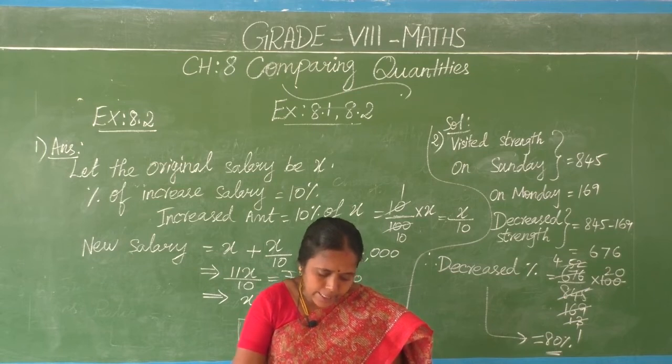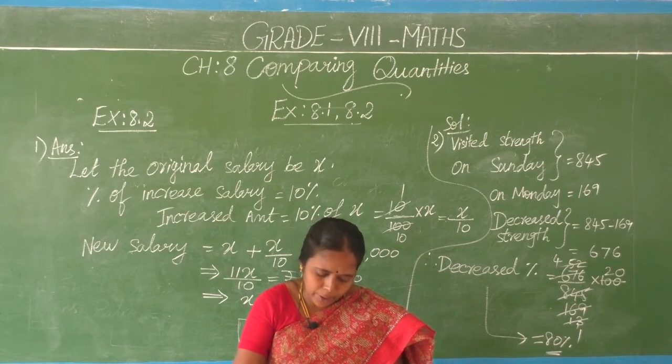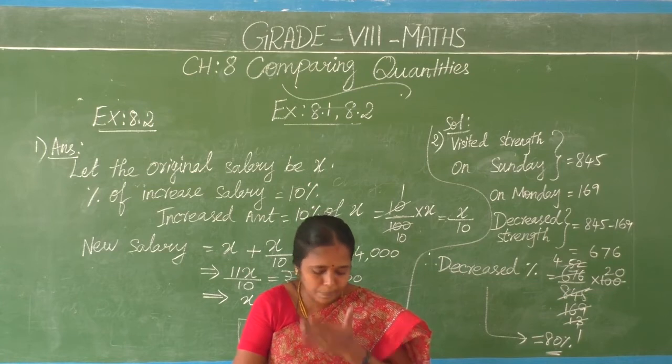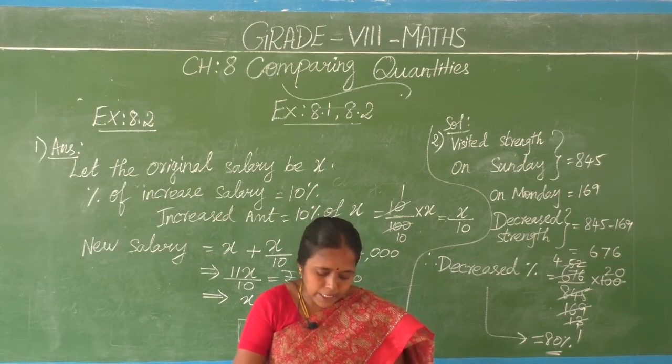Then the third question. A shopkeeper buys 80 articles for 2,400 rupees and sells them for a profit of 16%. Find the selling price of one article. What is the question? A shopkeeper buys 80 articles for 2,400 rupees.